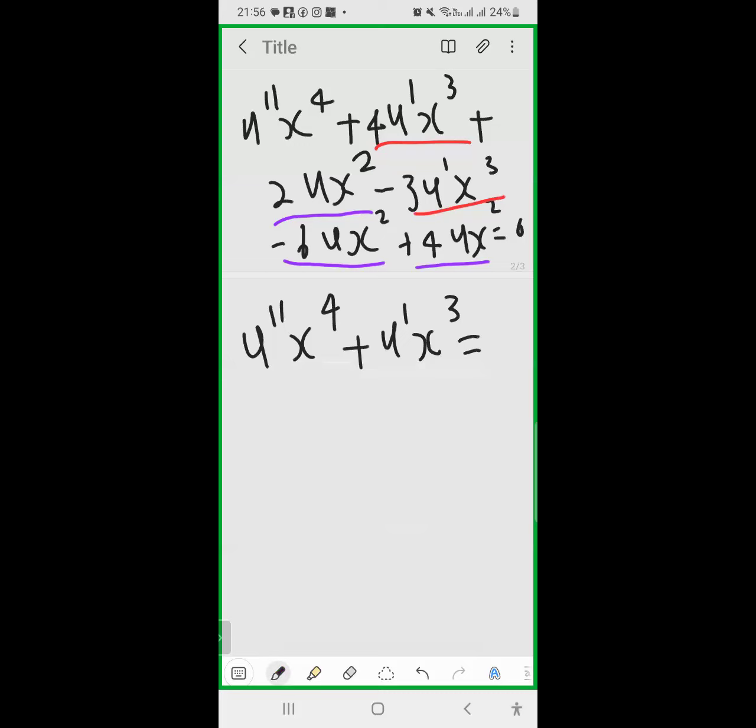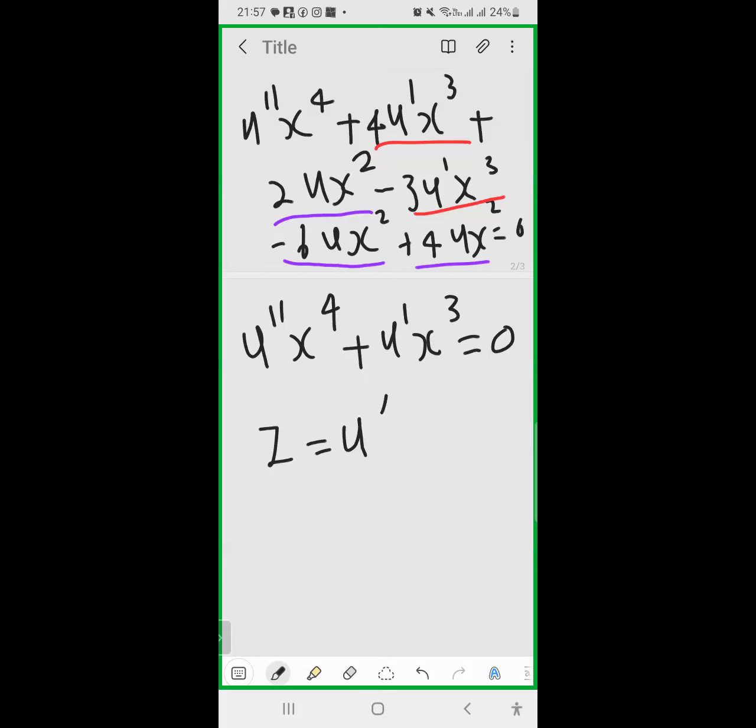Then from here, we're going to reduce this equation to a first order linear differential equation by letting, we can take any letter, z, and then we let it be equals to u prime.